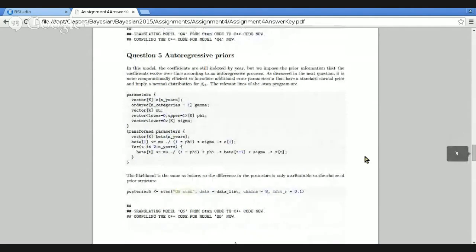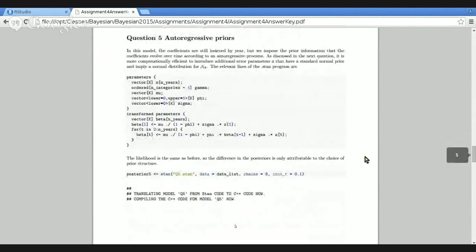Then the next one is to think about putting autoregressive priors on the parameters. So those betas are indexed by year, and we're in this situation wanting to express our prior beliefs that the coefficients evolve over time according to a relatively smooth and slow process.